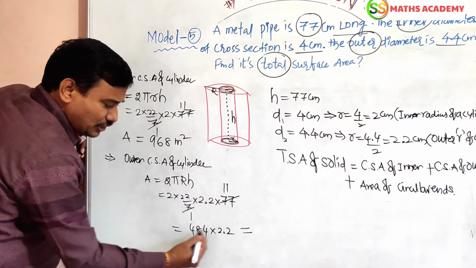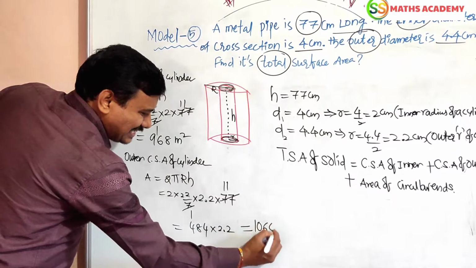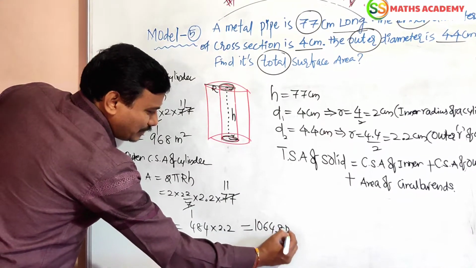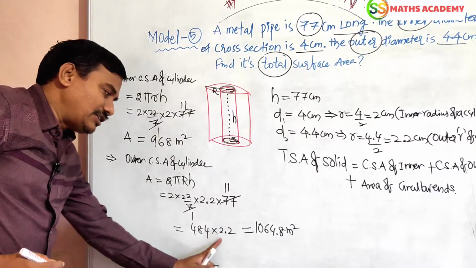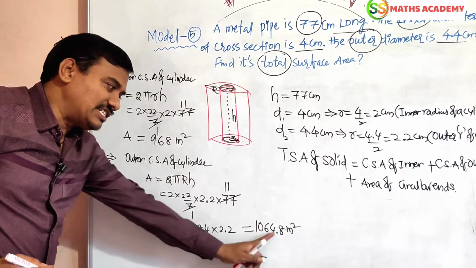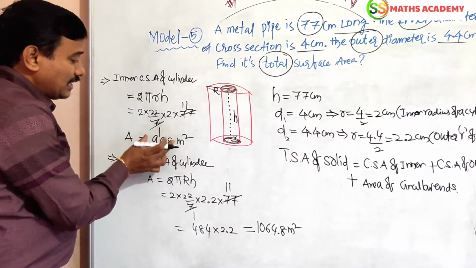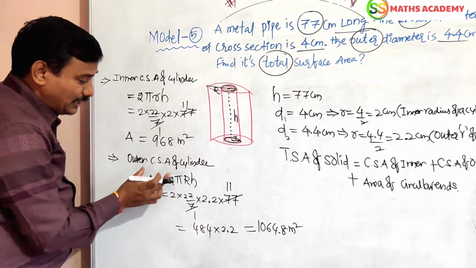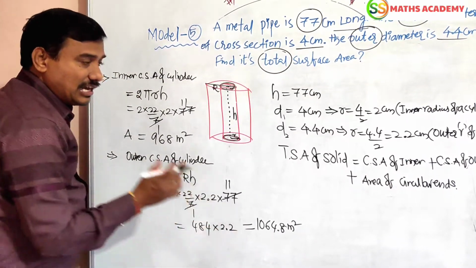Now you should multiply these two. After multiplication we should get 1064.8 centimeter square. Inner curved surface area is completed. Outer curved surface area is also completed.